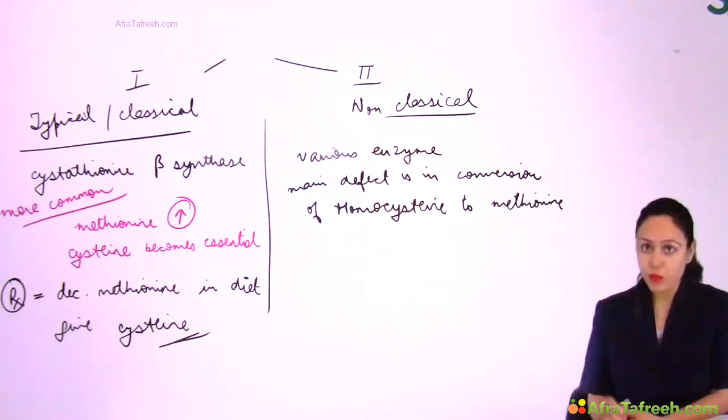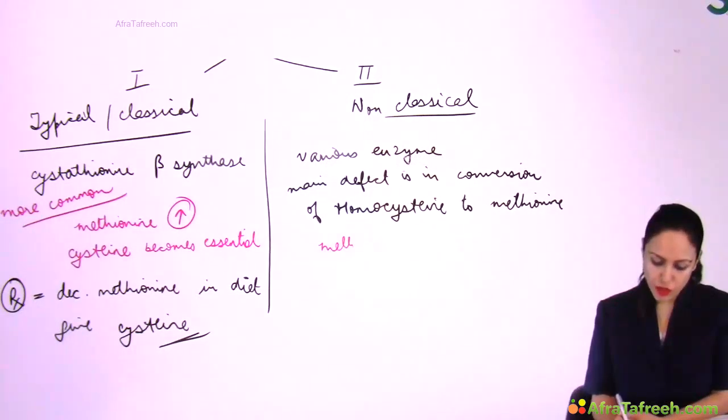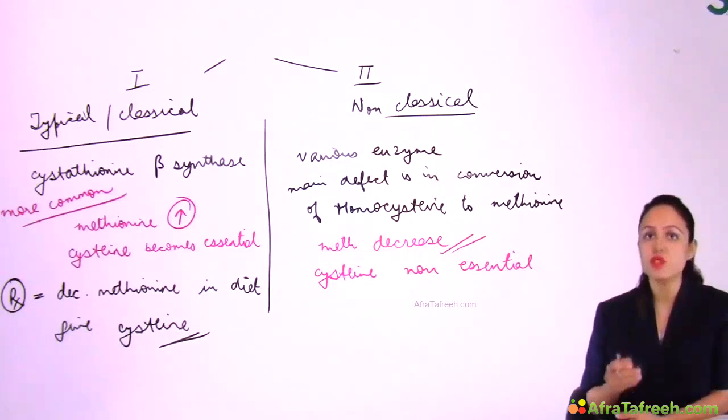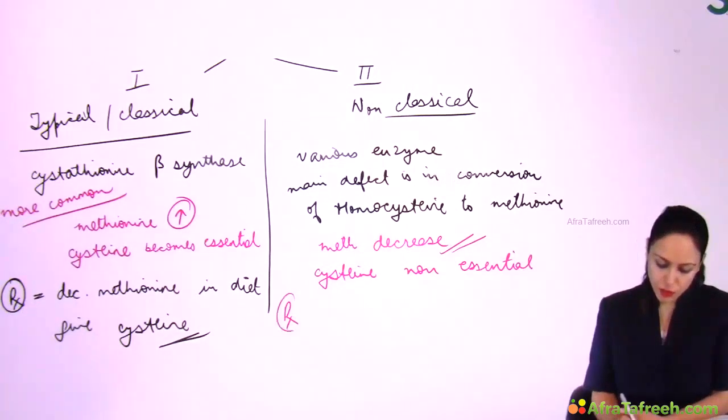But in type 2 patients, methionine is decreased because there is a defect in the formation of methionine, and cysteine can be formed in the body, so cysteine is non-essential in these patients. So here you can say methionine is decreased but cysteine is normal. And what is the treatment given to these patients? We can give betaine.